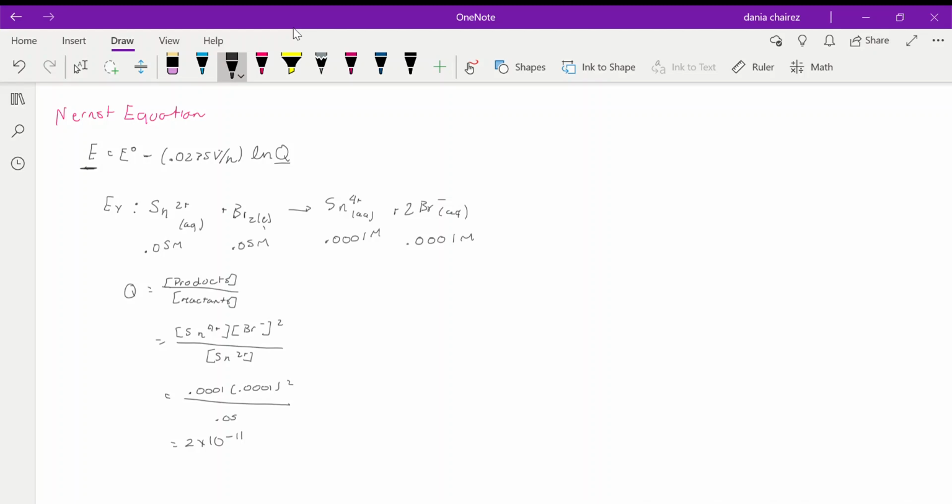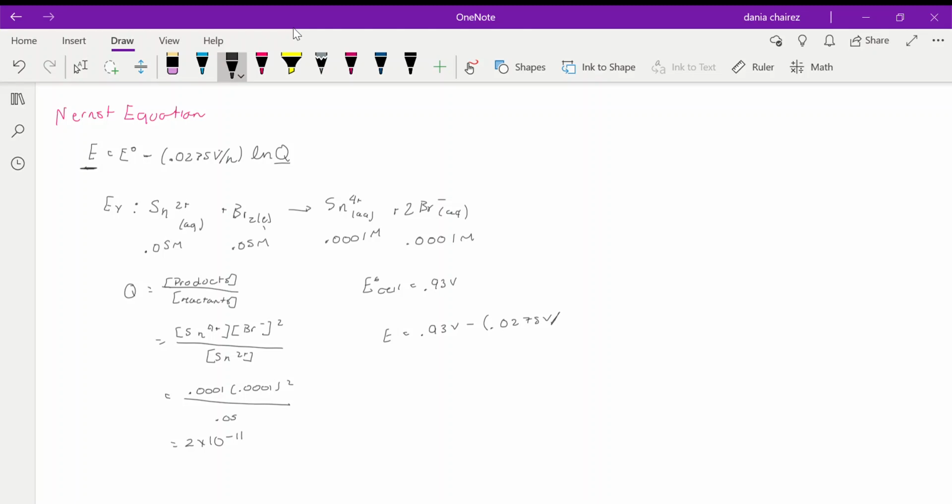All right, cool. And then the problem does give you the E naught cell, it being 0.93 volts, which is a nice problem because some problems won't give it to you. And like I said, we'll have to use the values that it gives you. So then we just plug this all into the equation so that we have E is equal to 0.93 volts minus 0.0275 volts divided by N, which is going to be 2 electrons, just because there are only 2 electrons moving.